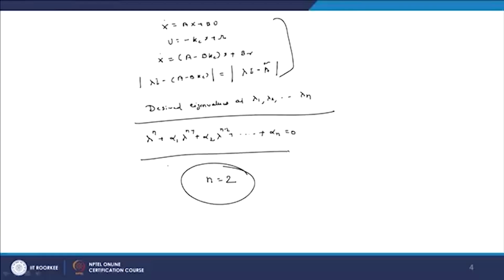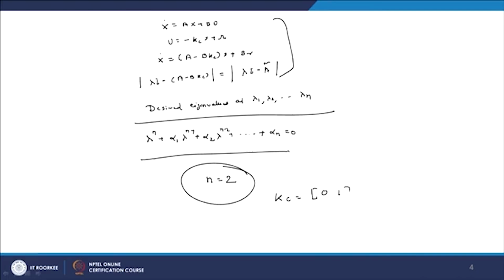Once we get a result for lower order, then we can prove that a similar result can be obtained for the nth order system. So here for simplicity, we will design the controller for n equals 2 only, that is the controller Kc.